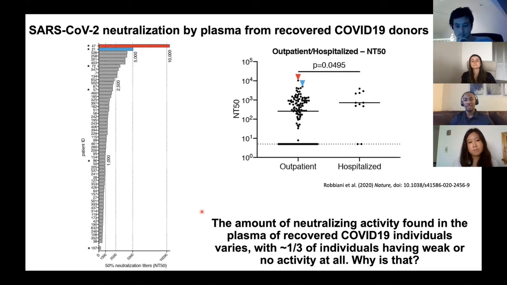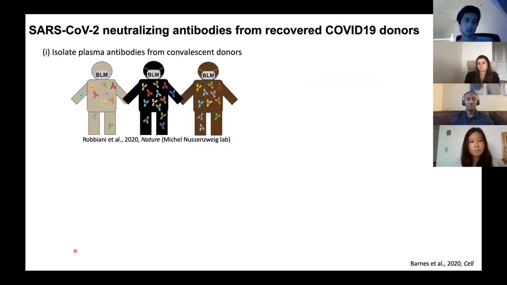So why is that? What epitopes are these antibodies targeting within these individuals? We decided to focus in on a couple of different individuals that are starred here: two that are very potent neutralizers, a couple that are medium neutralizers, and one that is weakly neutralizing. What we decided to do for our work is to isolate this polyclonal mix of antibodies from these individuals.